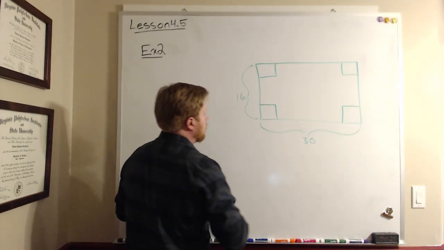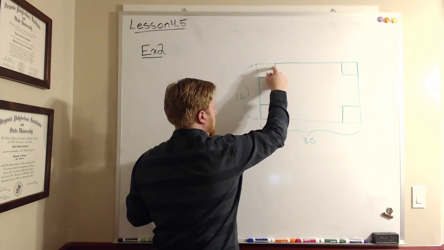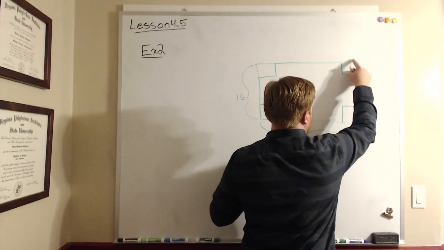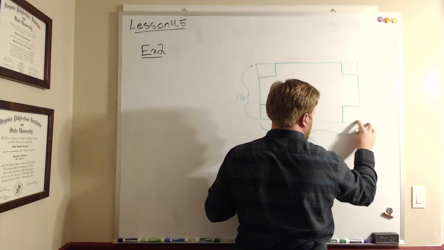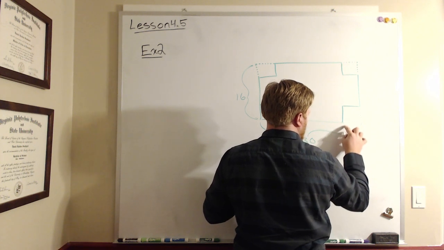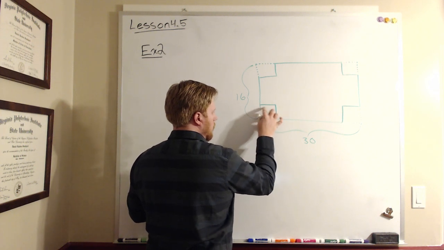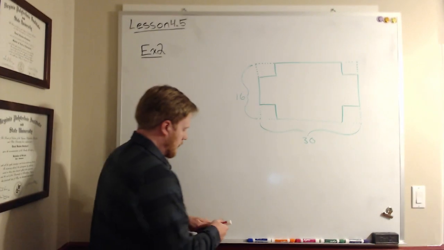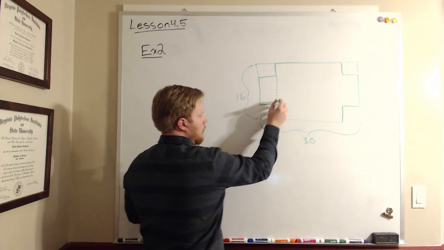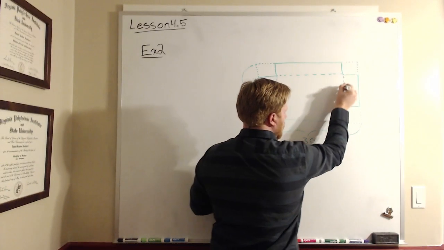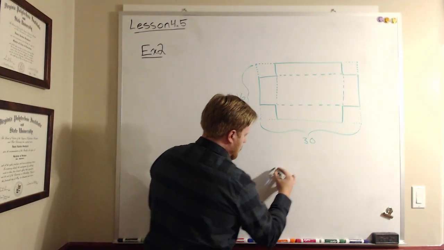With those squares cut out, I now have something where I could fold these flaps along the dotted lines, and I could fold those flaps up and get a box that looks something like this.